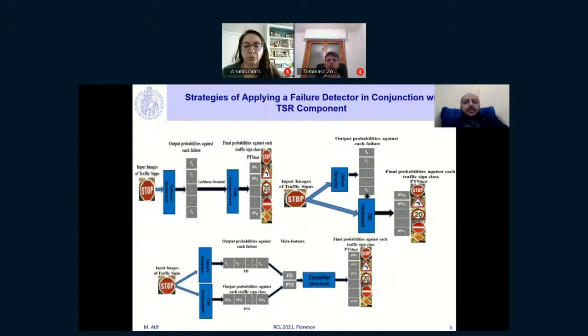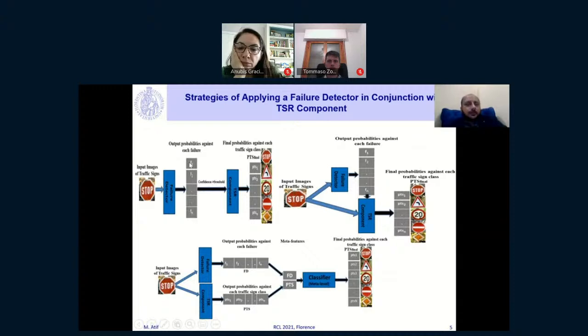These are different strategies for how we can utilize a failure detector with the TSR component. So in the first one, if we see, there is an input traffic sign and it will pass through the failure detector. The failure detector will give us probabilities against different failures.